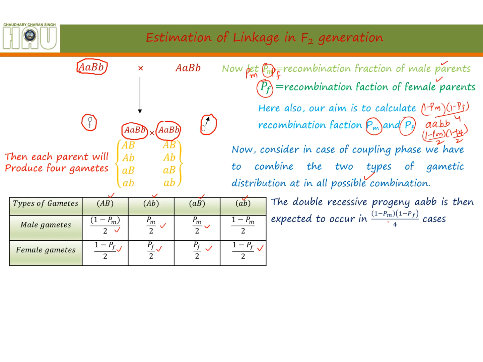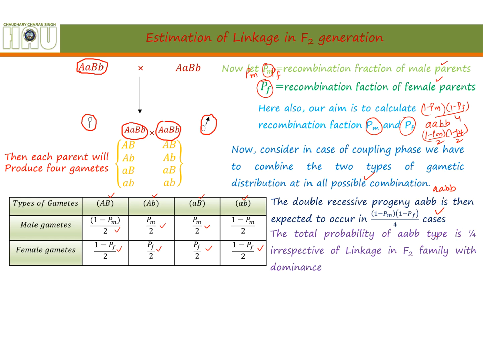And the total probability of this recessive progeny is 1 by 4, irrespective of linkage in F2 family with dominance.